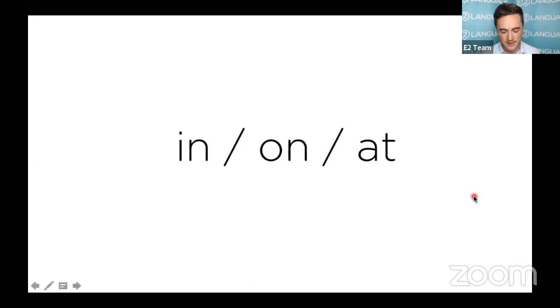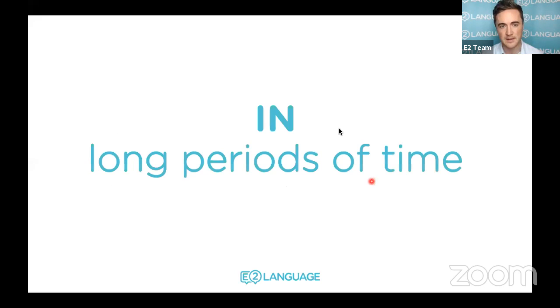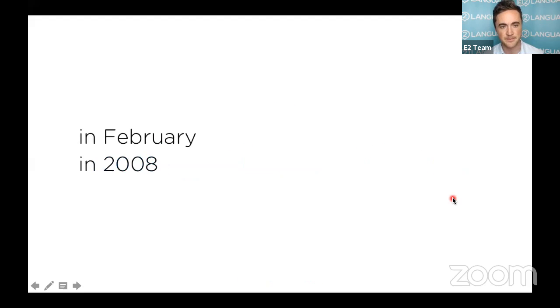Let's look at time first. So let's look at these 3, in, on, at. There are rules for in, on, at with regards to time. We use in for long periods of time. We use on for short periods of time. And we use at for precise periods of time. Okay? So let's look at in for long periods of time first.